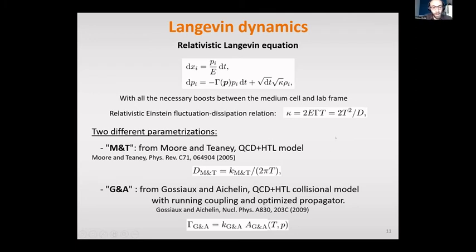The second modelization that we use for the diffusion coefficient comes from Gossiaux and others, which is a QCD plus HTL collisional model that Marlene told you about before. We got a drag from this modelization, and we decided to add a proportionality coefficient to use it concretely.